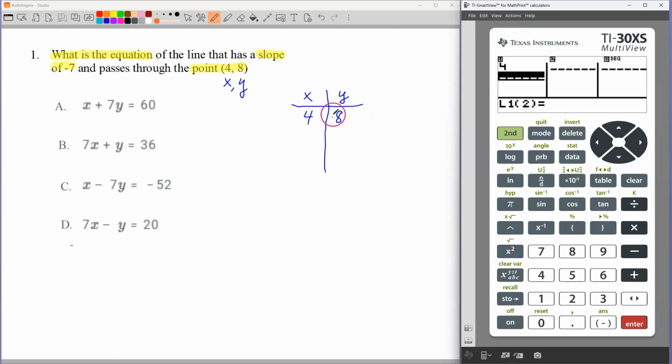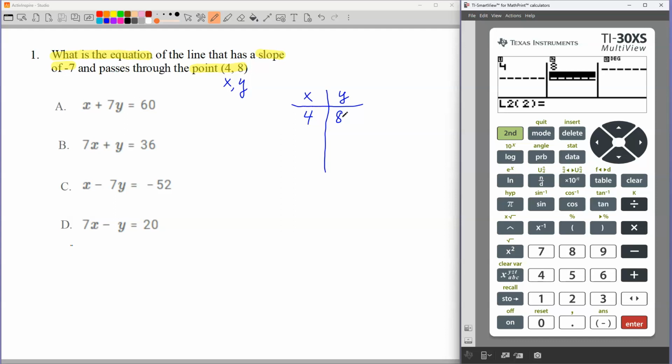Then I need to punch in the 8 for my y value. So I'm going to scroll over because I need it highlighted over here. Hit your right arrow. This is highlighted, and punch in 8. And then hit enter. Now it shows up 4, 8.